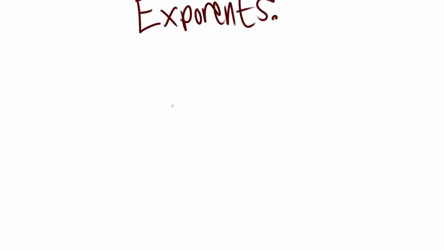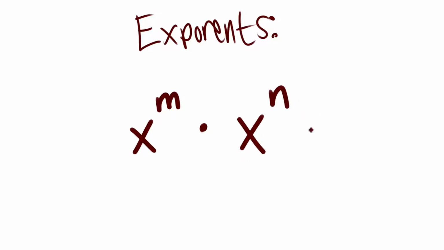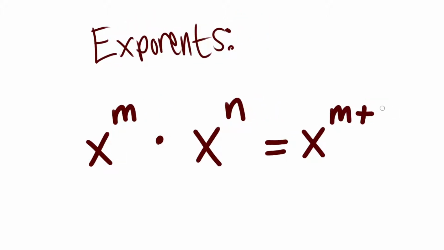So one thing to note for exponent rules: when you have two terms that are multiplied by each other that have the same base, and the base is the term that is not the exponent, so it's just this x in this case, your exponent is going to be your two exponents added together.